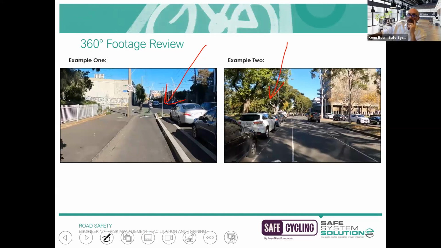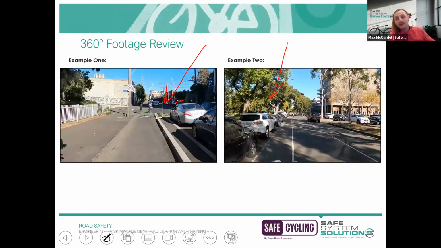Jen's questioning any evaluation or any insights into how those different lane configurations are working in reality. Any reports coming out of that we know of? I've been in touch with our colleagues at the department, and I'm not aware of any evaluation that has taken place, but there have been a few staff movements since that specific project was up and running.